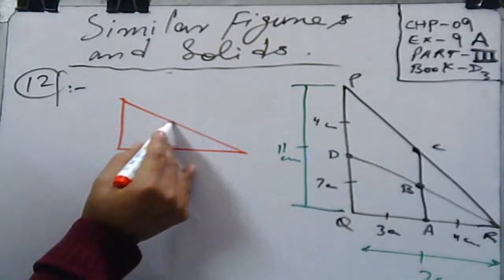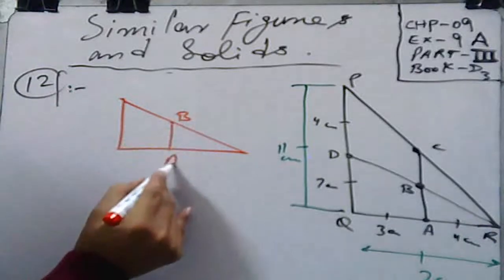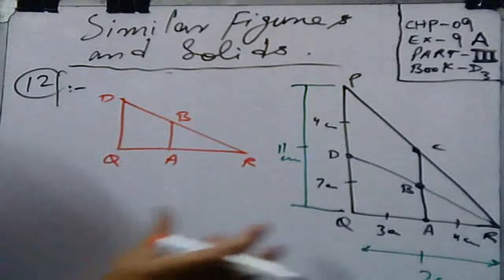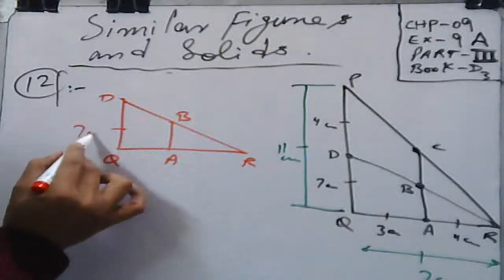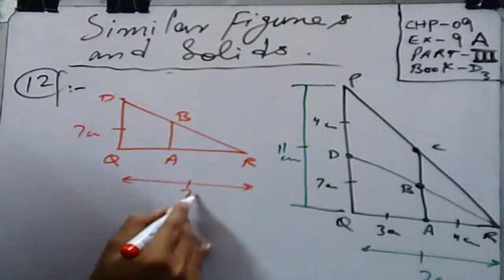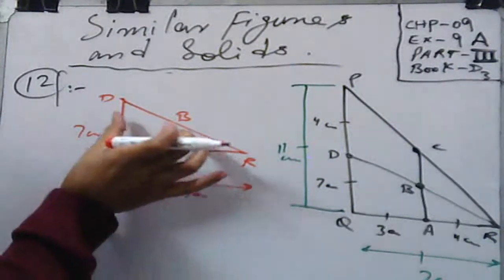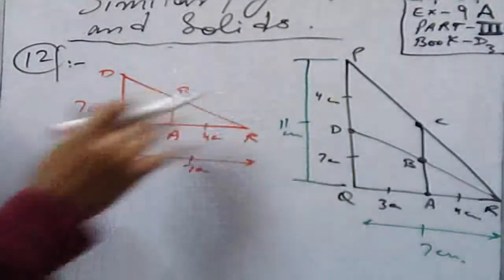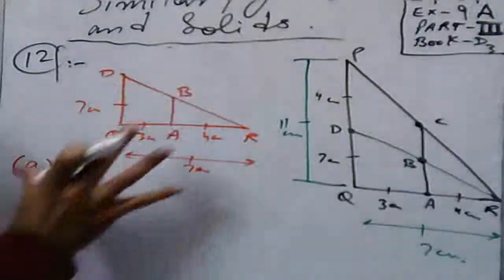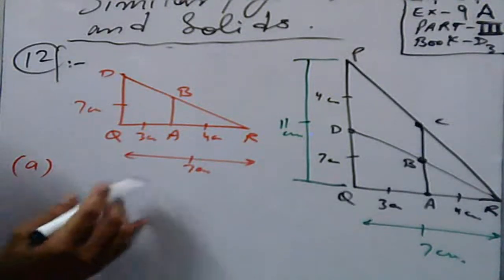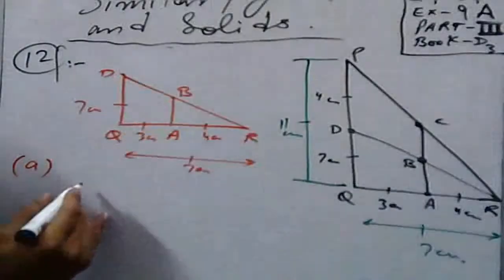By cutting the piece of this triangle, to understand it in a better way, that point is your B point and A point and R, Q, D. That one is your 7 centimeter and the whole bigger one up to here is 7 centimeter, and this one is your 4 centimeter, this one is your 3 centimeter.